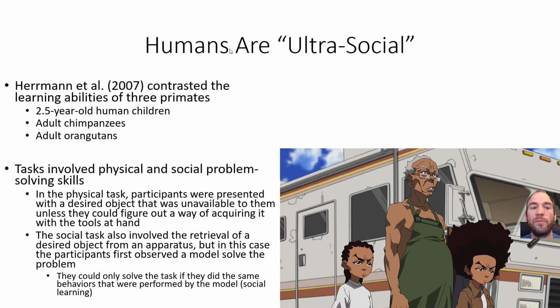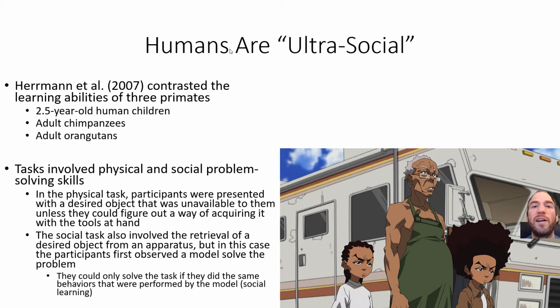So the idea here is we have three groups: young human children, adult chimpanzees, and adult orangutans. Experimenters put an object that the various groups want, a banana or whatever a child would want, I don't know. But they can't reach it themselves with just their hands. They want that object, but they can't reach it.